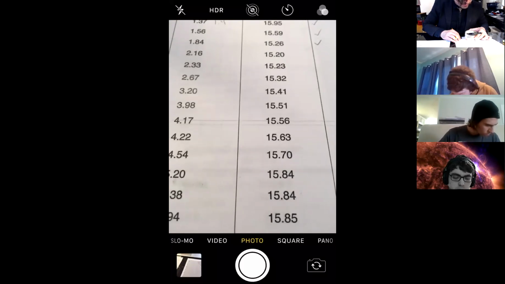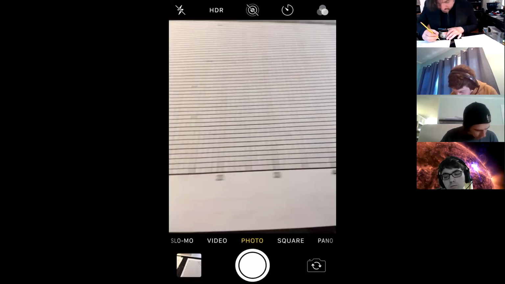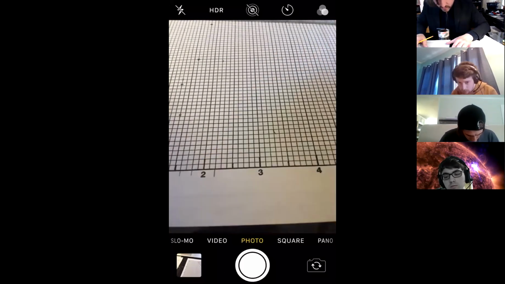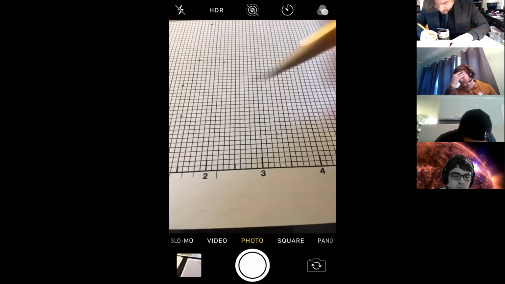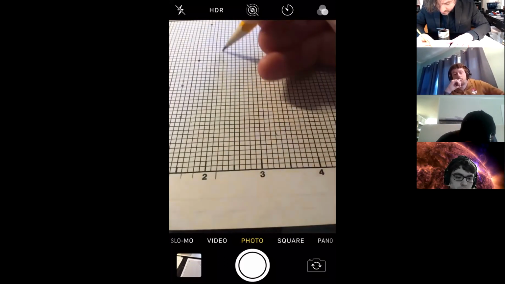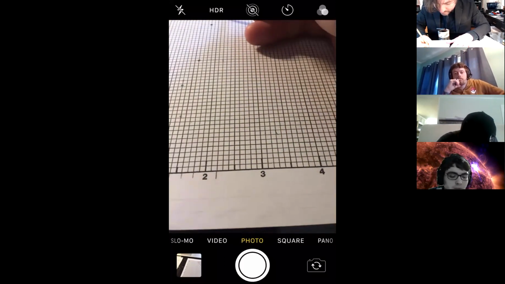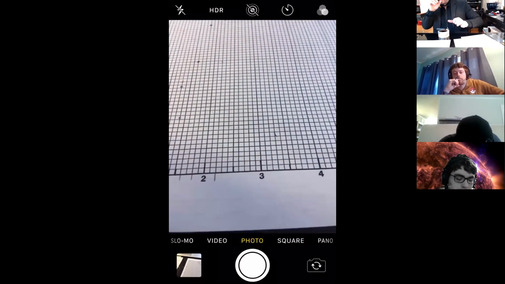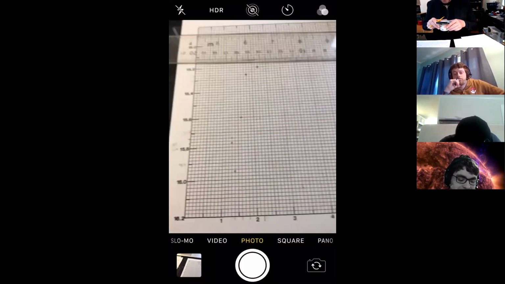2.2 and 15.2. 2.2, oh no, and 15.2. I feel that, Jonathan. Yep, that wasn't me, that was Riker. That was me. Wow. I feel that, Riker. I'm looking at the wrong spots. I know.